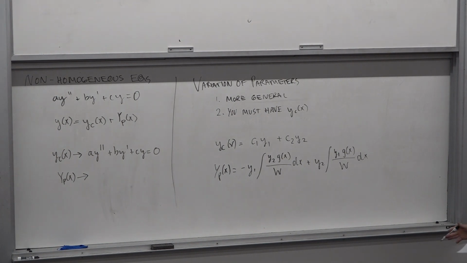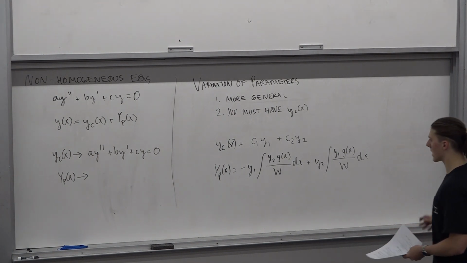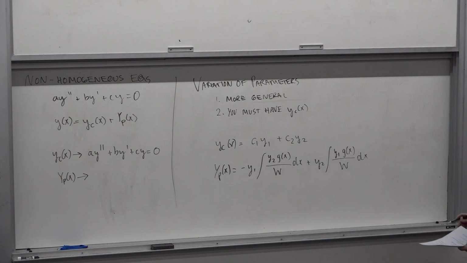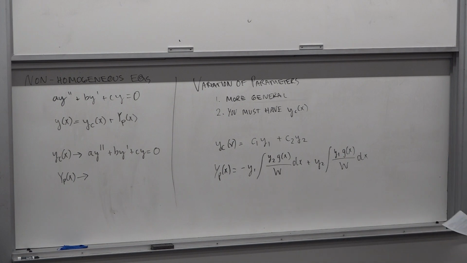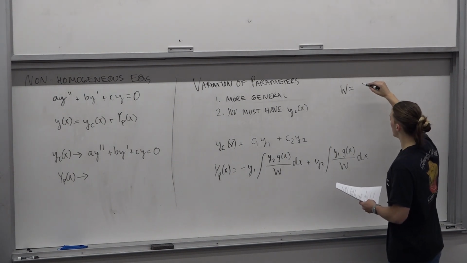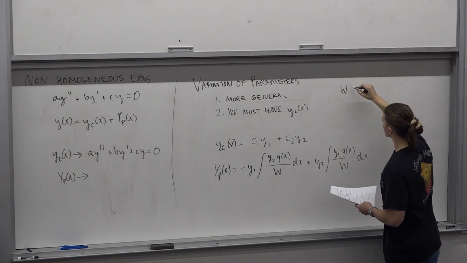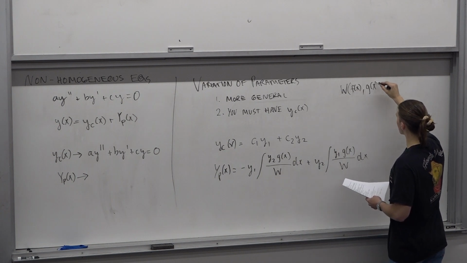So you might have seen it in other ways. Some people split it up a little bit differently. Personally, I just write it out all at the same time, just to keep track of it all. So, what is W? W is something called the Wronskian. It is a special determinant.